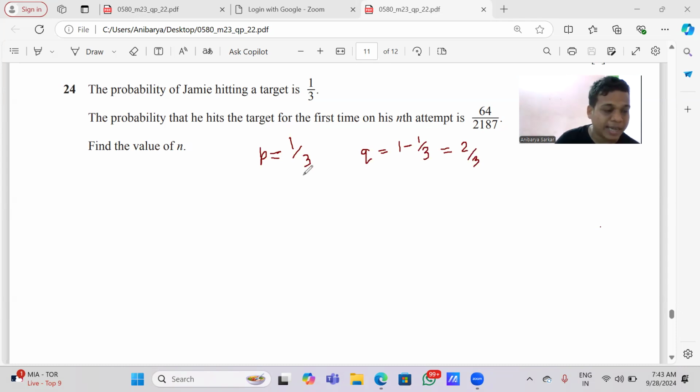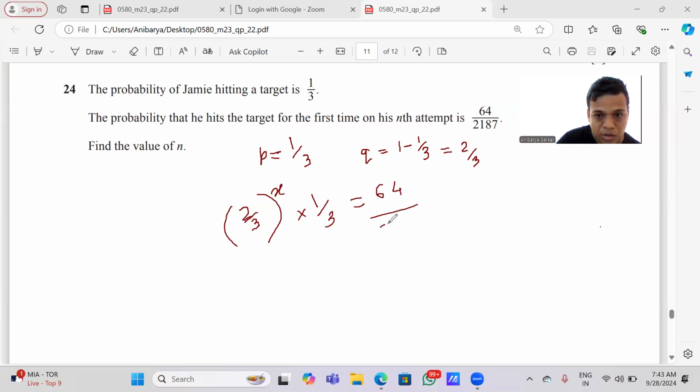So if we consider x as the required number of misses, we can write (2 by 3) to the power x into 1 by 3 is equal to 64 by 2187.